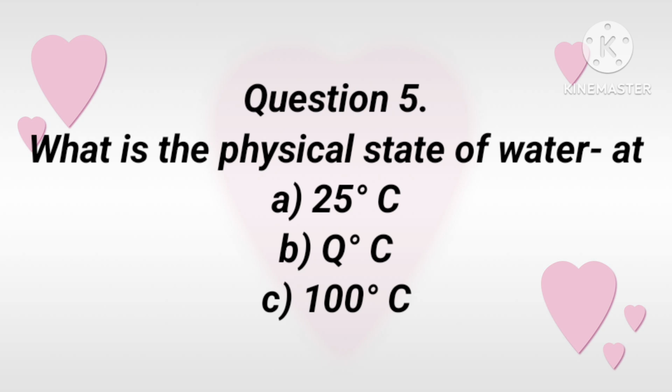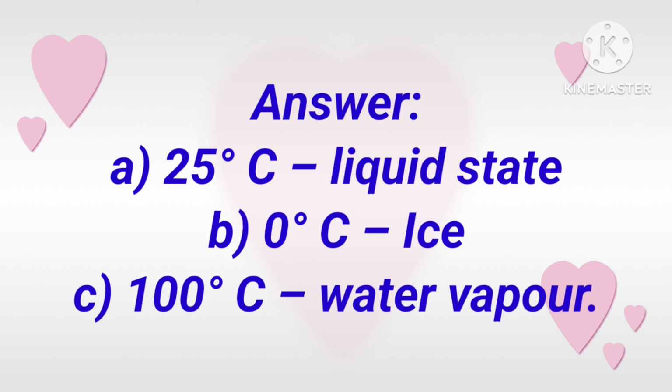Question number 5. What is the physical state of water at 25 degree Celsius? It should be 0 degree Celsius as well as 100 degree Celsius. What could be there? You know that water is liquid at 25 degree Celsius. At 0 degree it is ice cubes.